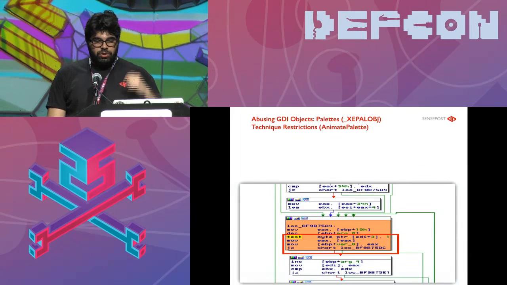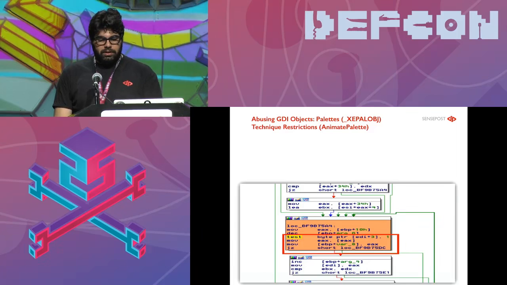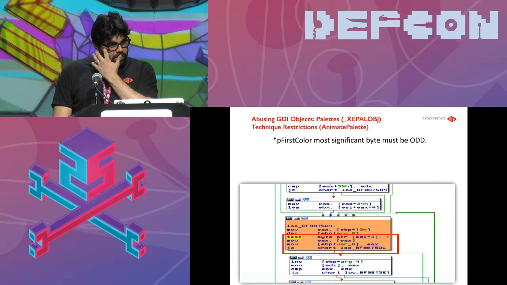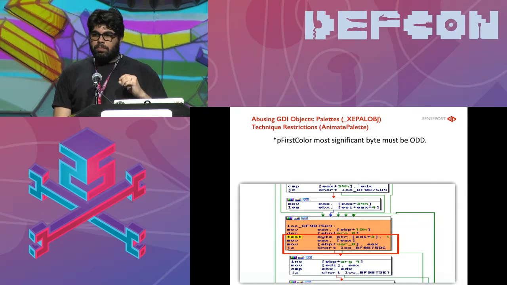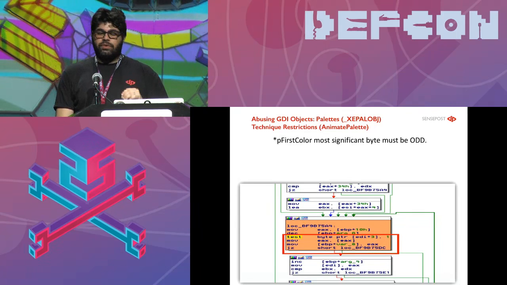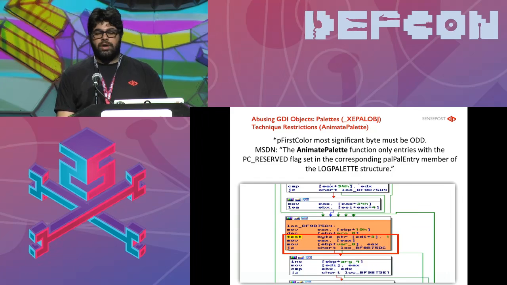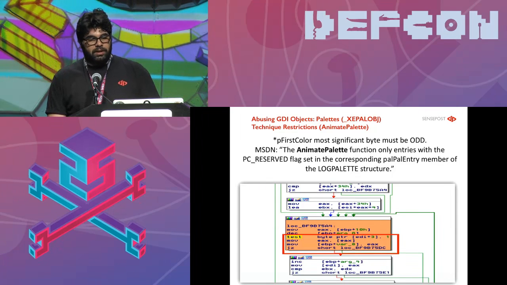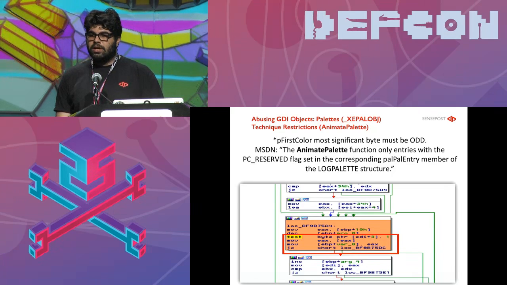The second restriction I want to talk about is about AnimatePalette. So AnimatePalette has to have the pointer pointed to by pFirstColor be of an odd value. The first byte of it has to be of an odd value. And we know the reason why, thank you MSDN. Specifically, AnimatePalette will only work on entries that have the PC_RESERVED flag set.